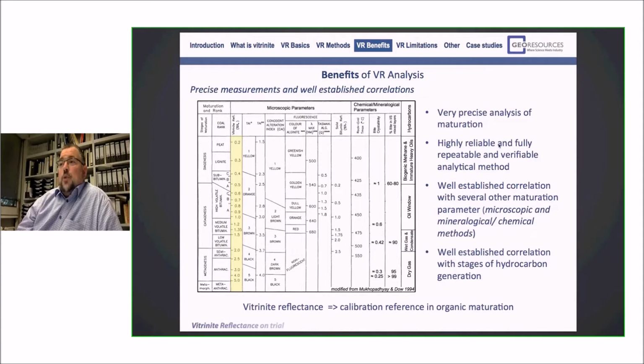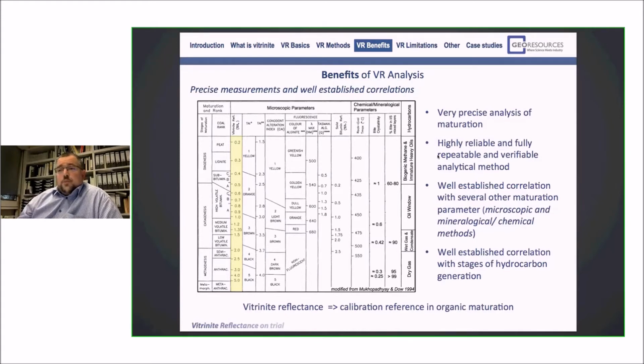It is a highly reliable and fully repeatable and verifiable analytical method. So if you have your resin blocks and you have done your measurements, you can repeat these measurements again and again. You can give it to someone else who wants to test if he gets the same values. And as long as you don't start to polish the surface, if you get scratches on your surface and you have to repolish it, then of course you might get different particles, which might give some minor differences in the general reflectance data.